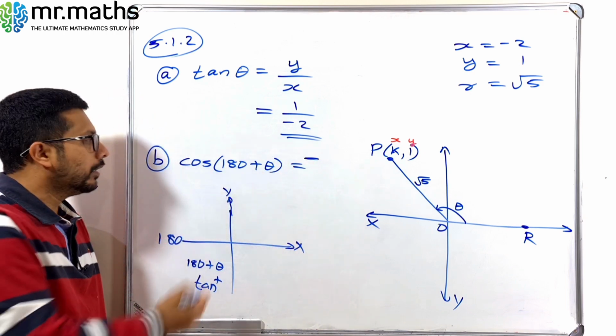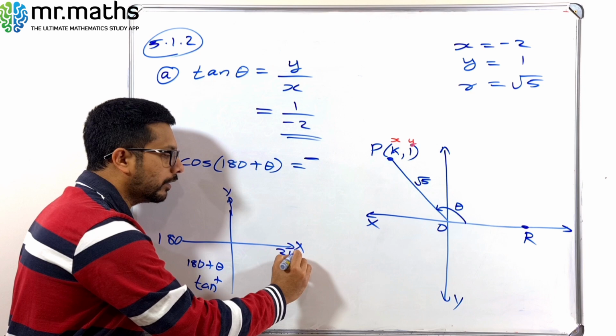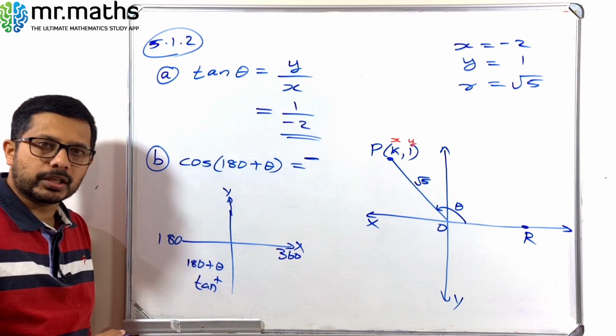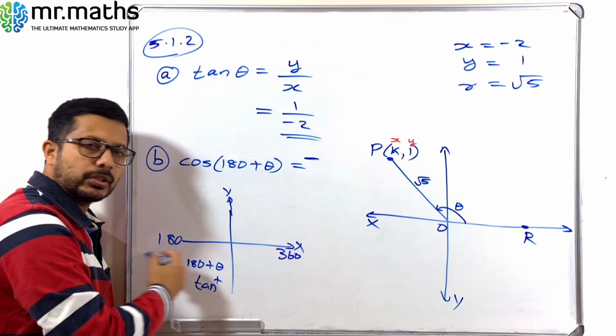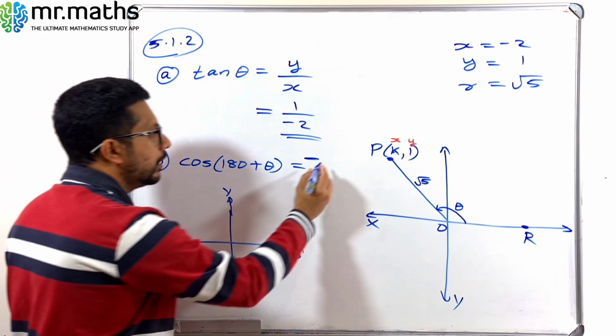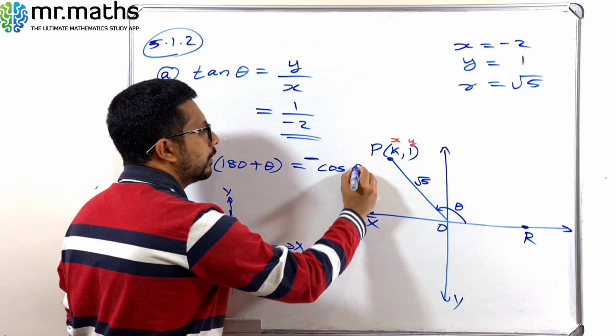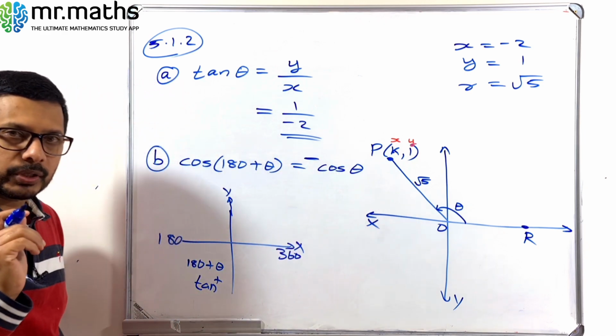Then, if it is based on 180 or 360, the horizontal line, what you studied in the reduction formula: if the trigonometric ratio is based on the horizontal line, there is no change in the trigonometric ratio. That means here cos, here also you write cos, then it is theta. So listen once more, guys.